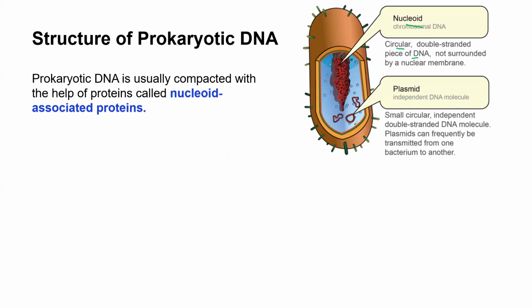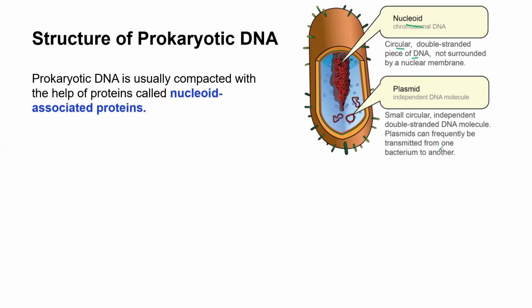And in addition, we also have plasmids, and you can see them clearly also in the cytoplasm. The plasmids are small, circular, independent double-stranded DNA molecules. These plasmids can frequently be transmitted from one bacterium to another.